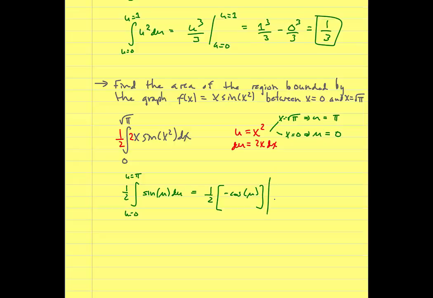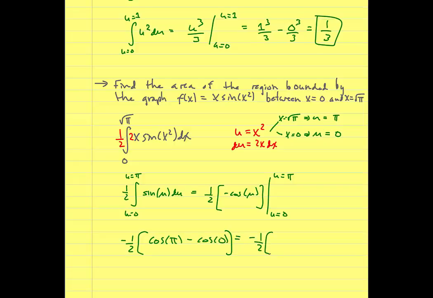I don't have to change my limits of integration. I don't have to convert back to x. I have everything ready to go here. I let u equal 0 and I let u equal pi, and I evaluate. I'm going to pull the negative 1/2 out front. I'm left with the cosine of pi minus the cosine of 0.